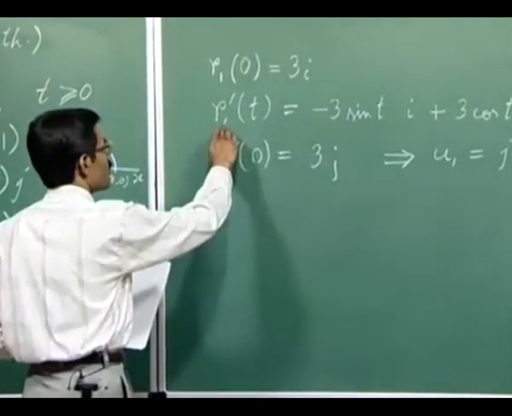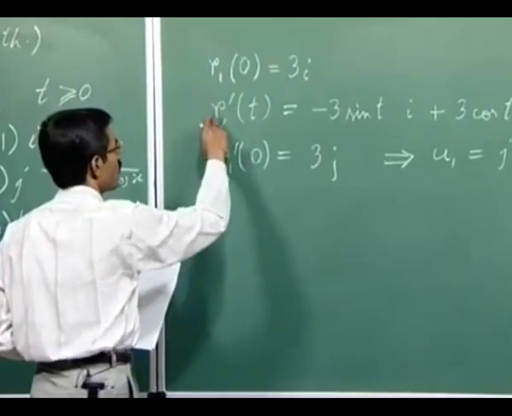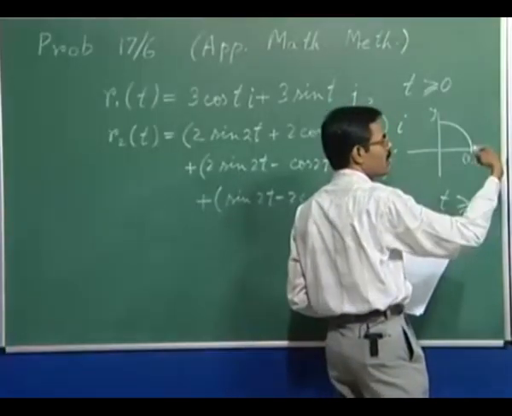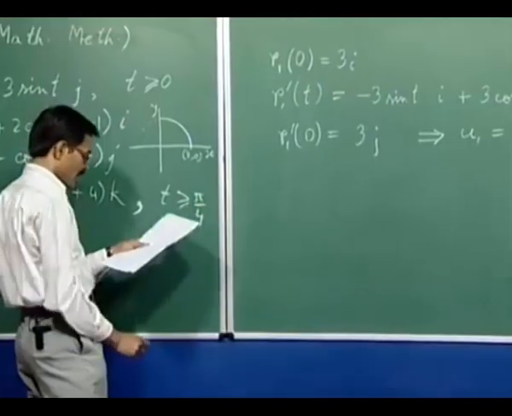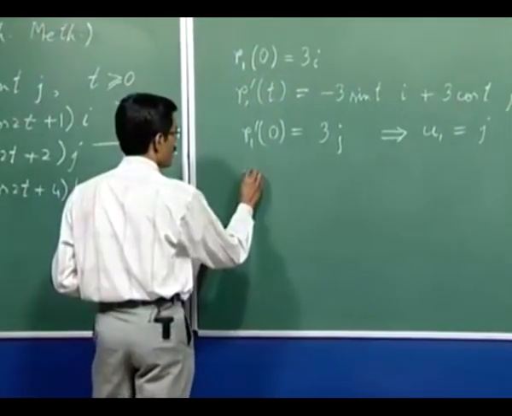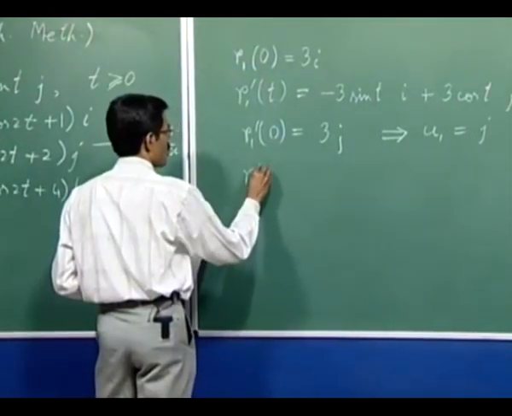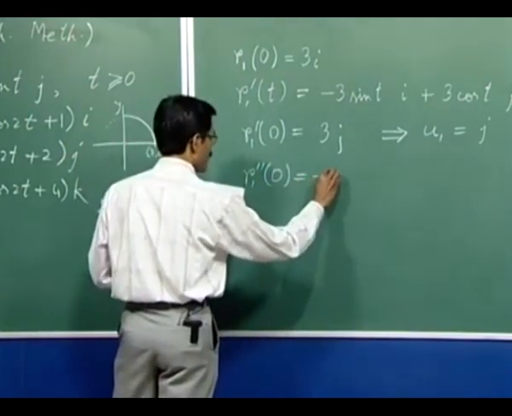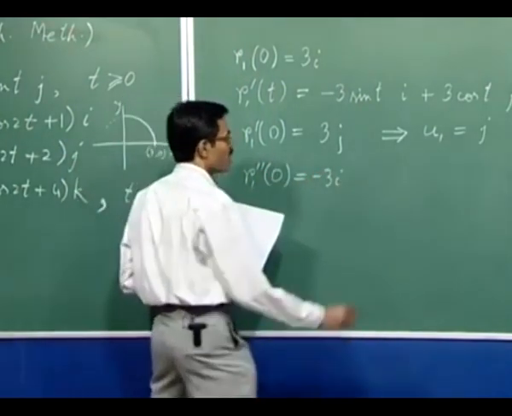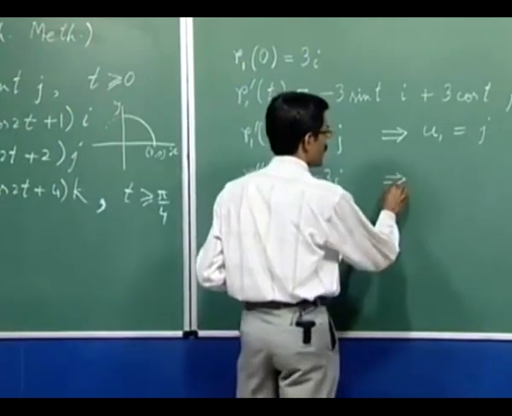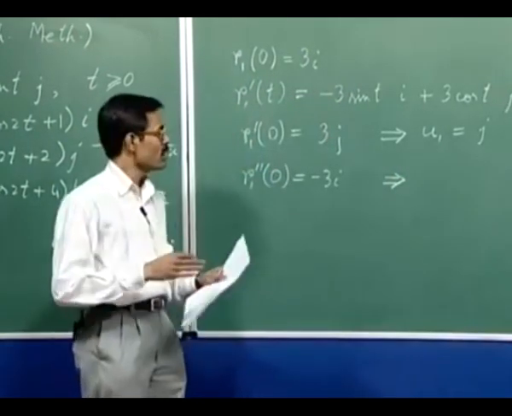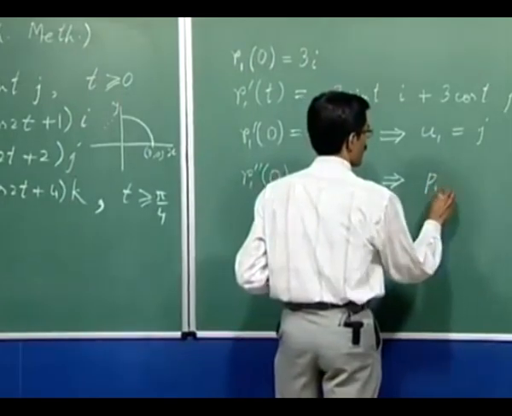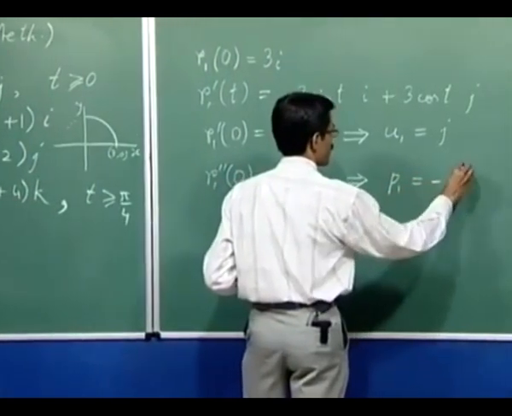Similarly, we can find the second derivative of R1(t), and then we put the value t equal to 0 in that second derivative, which will give us this as minus 3i, which will mean that the unit principal normal is minus i for the first curve.